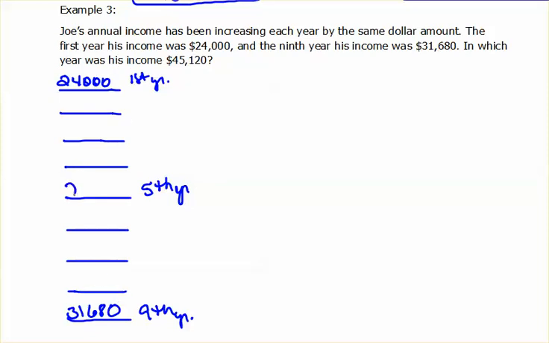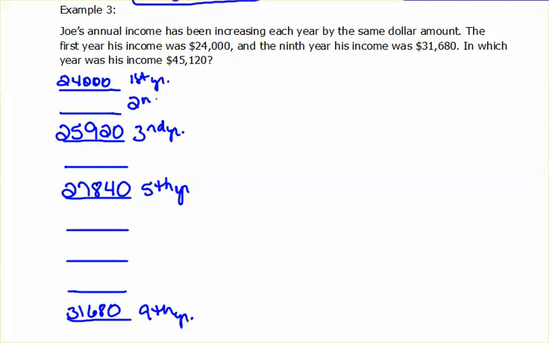So when you do that, you end up getting 27,840 for the fifth year. Well, we could repeat that process and figure out what he made during this third year, which would be right here in the middle of these two. So if we added those up and divided by 2, we would end up with 25,920.